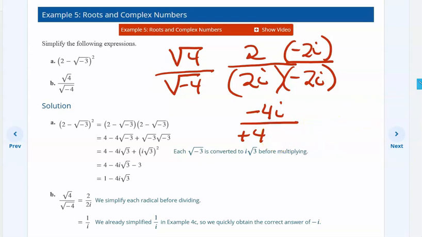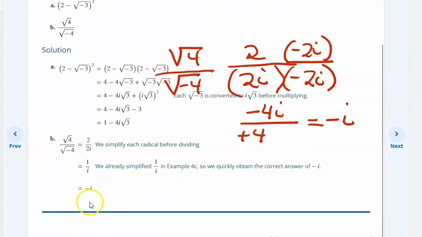Wanted you to see where it comes from. And now we can factor out a common 4 here. And this just leaves us with negative i as our final answer. And let's just scroll that down here. And there you see it. Okay, hopefully helpful, and let's wrap it up.